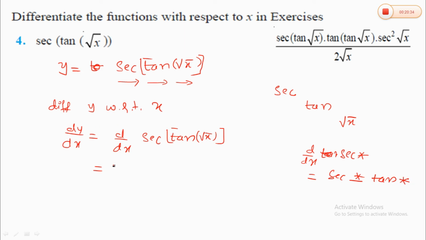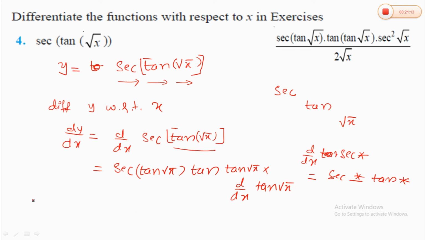So the derivative of sec is sec x, and the remaining term is tan root x. So therefore sec of tan root x times tan of tan root x, then into d/dx of tan root x.